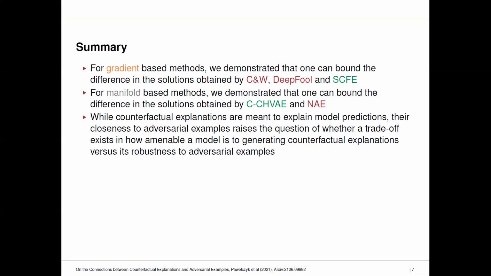While counterfactual explanations are meant to explain model predictions, their closeness to adversarial examples raises the question of whether a trade-off exists in how amenable a model is to generating counterfactual explanations versus its robustness to adversarial examples. And we hope that our formal analysis helps carve out a path for more robust approaches to counterfactual explanations, which is a critical aspect of calibrating trust in ML.